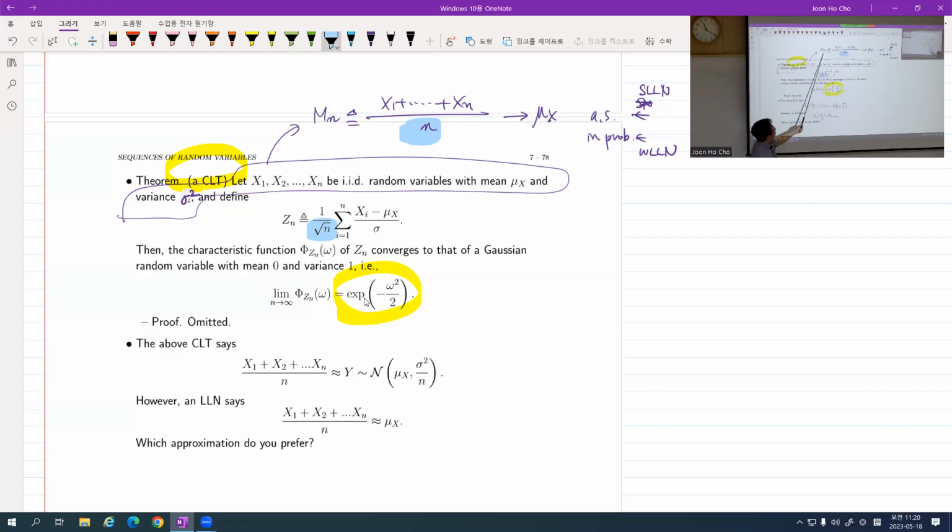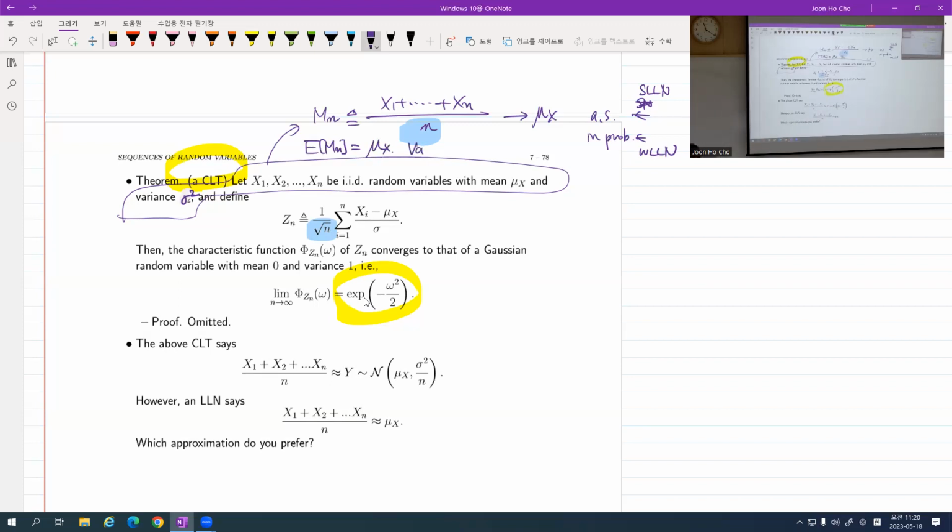So in order to see the major difference, let's compute the mean of m sub n. What is it in this case? What is the mean, the ensemble average, of random variable m sub n? You take the expectation, then all these terms become n times the mean. Now you divide by n. So the mean is mu sub x.